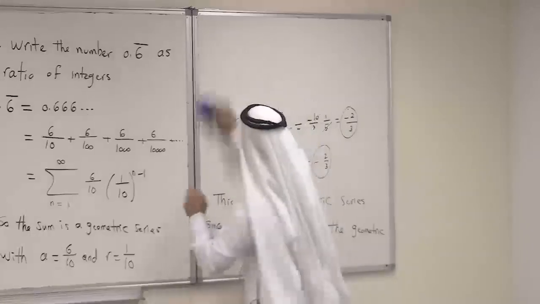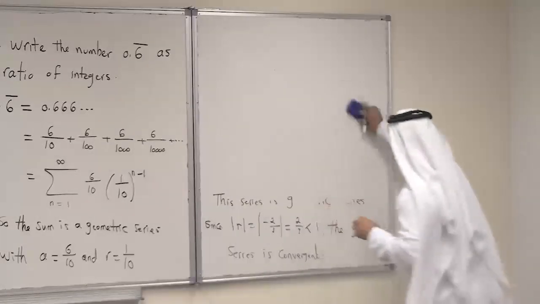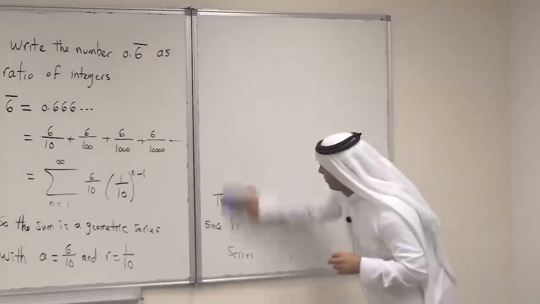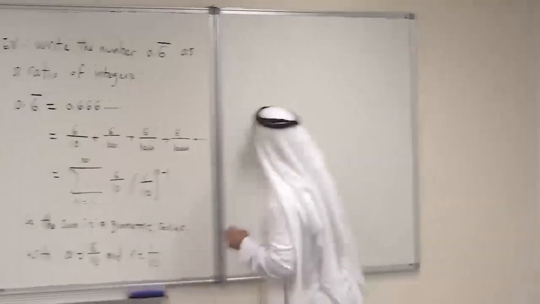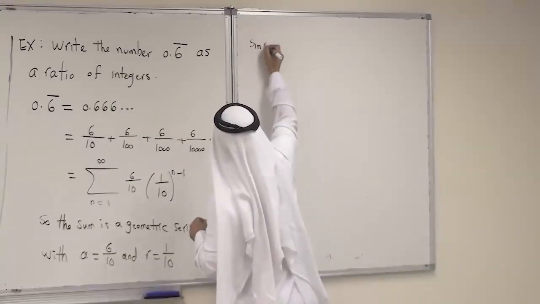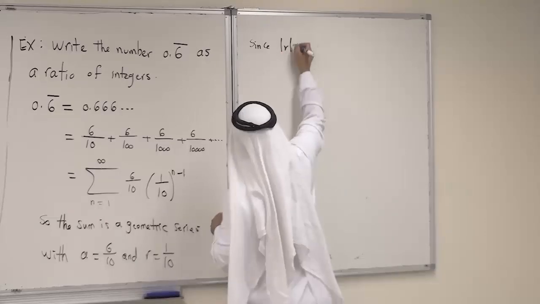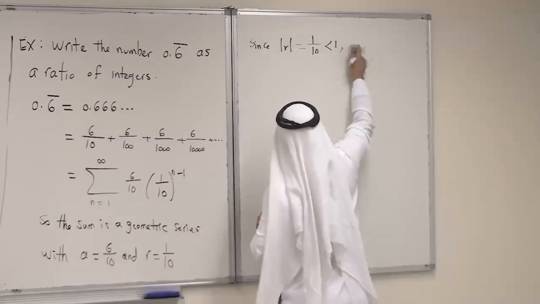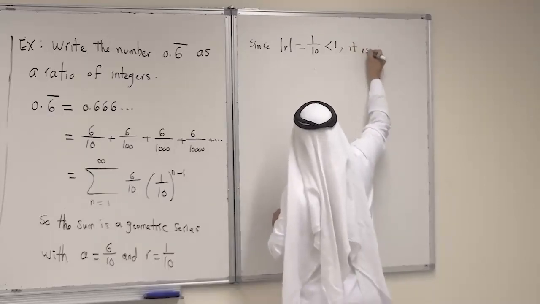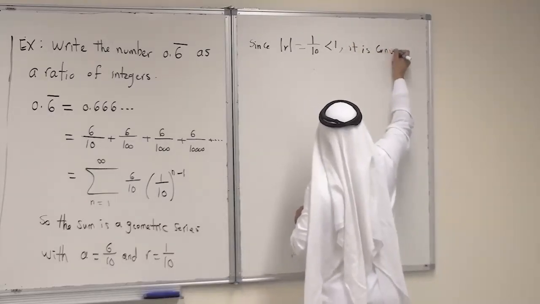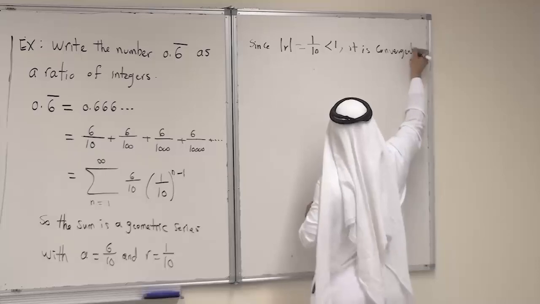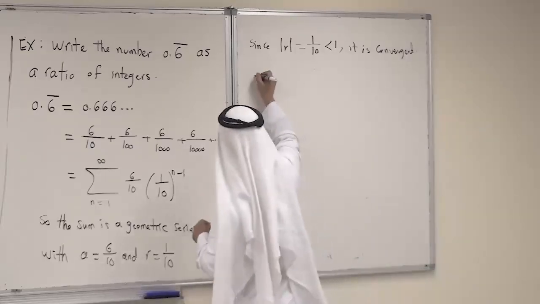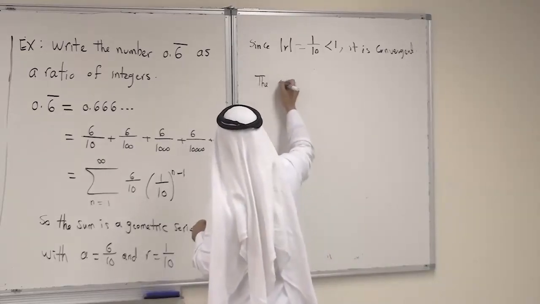Not only convergent, we can find the sum. Since the absolute value of R, which is equal to 1 over 10, is less than 1, it is convergent. And the beauty of this type of series is not only that it converges, but we can find the sum.